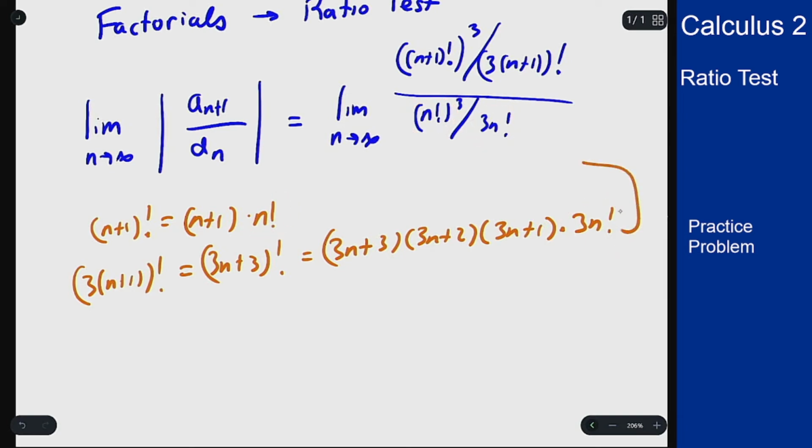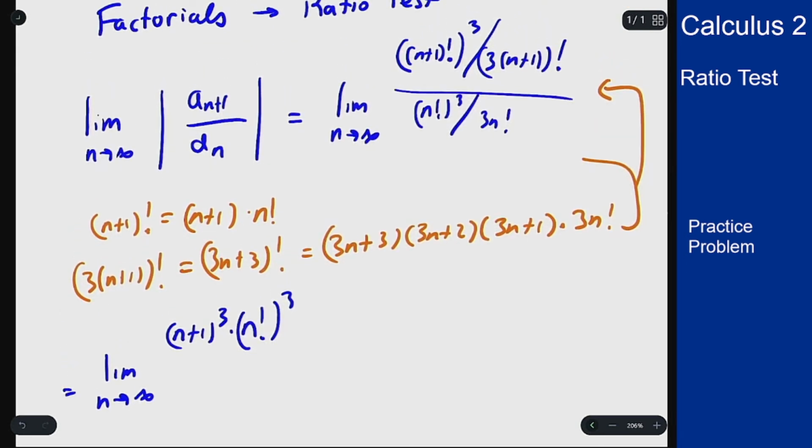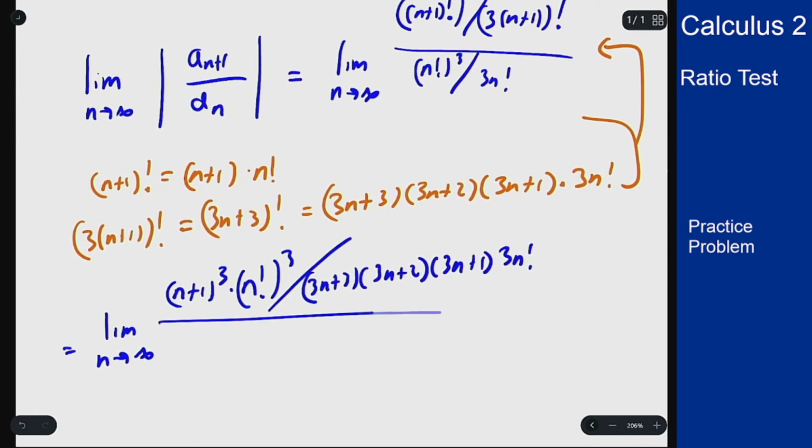So if I plug these two things into my expression, I'm going to see the limit as n goes to infinity of n plus 1 cubed times n factorial cubed, because I'm plugging this into the cube, so both factors get cubed, divided by 3n plus 3, 3n plus 2, 3n plus 1 times 3n factorial, and all divided by n factorial cubed over 3n factorial.